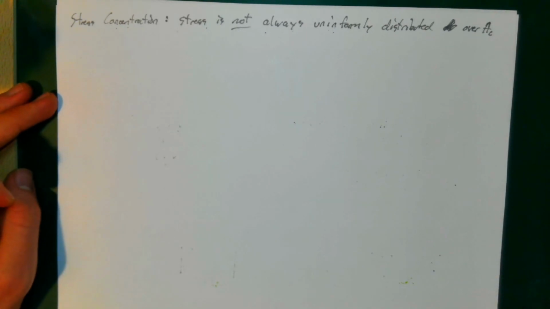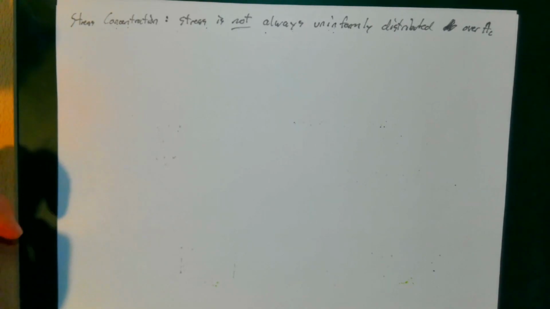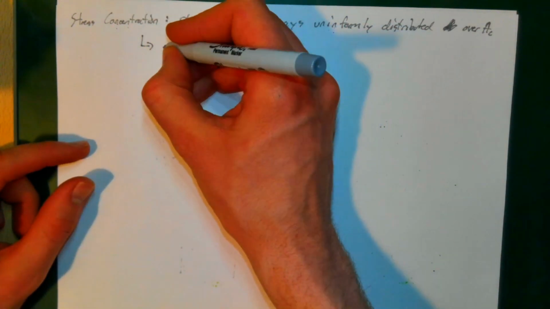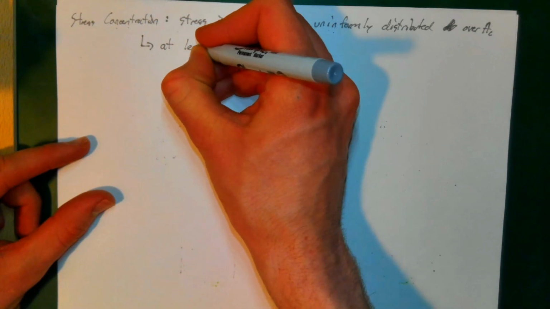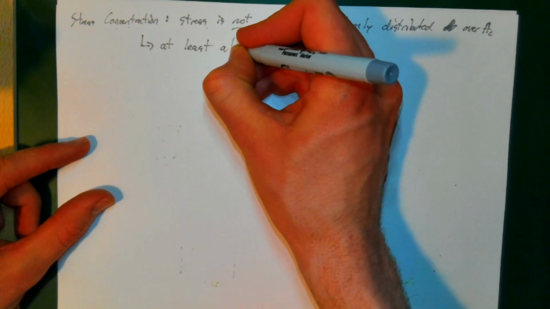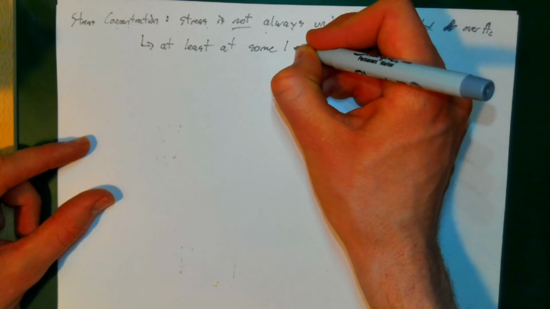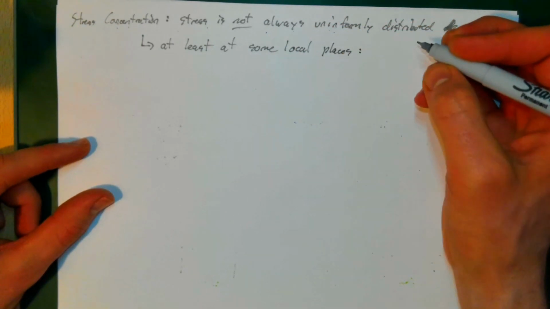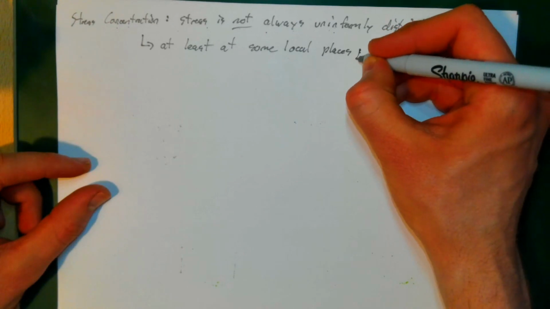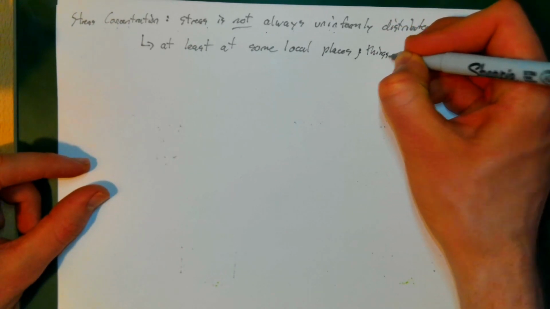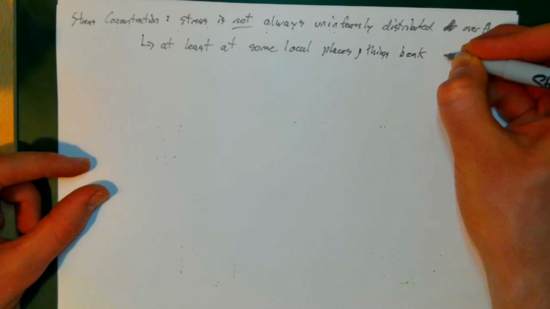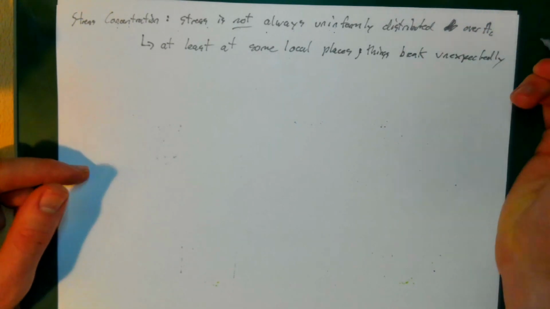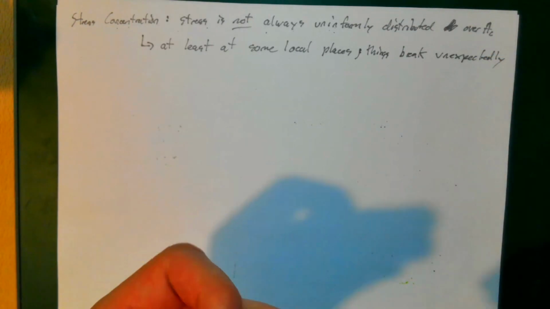And when it's non-uniformly distributed over the cross-sectional area, this might mean that at least at some local places, things might break unexpectedly.